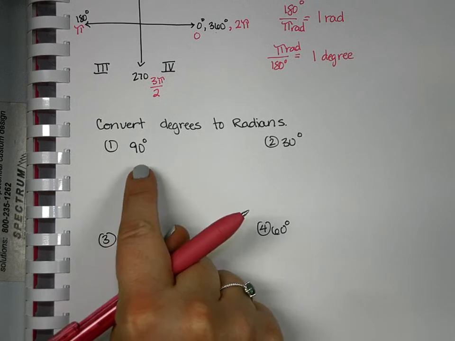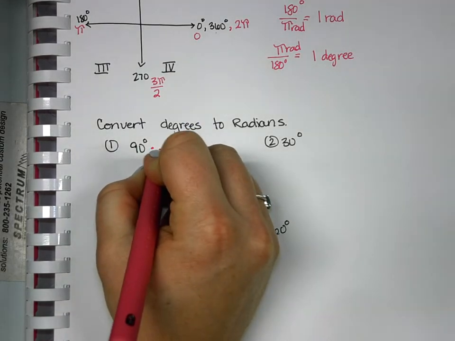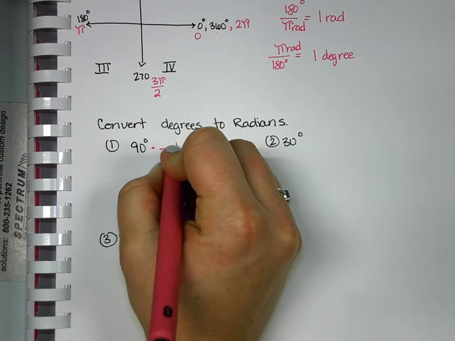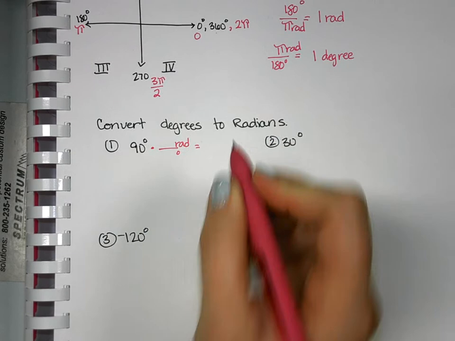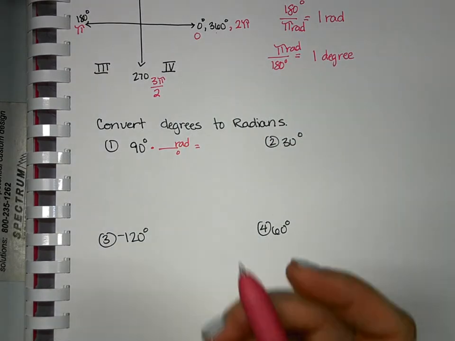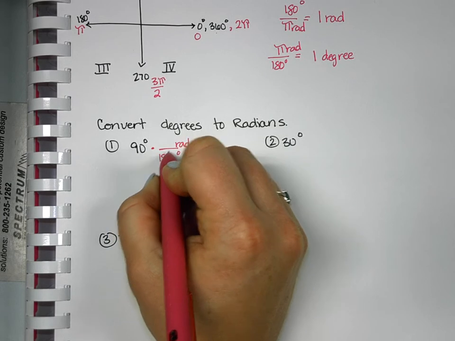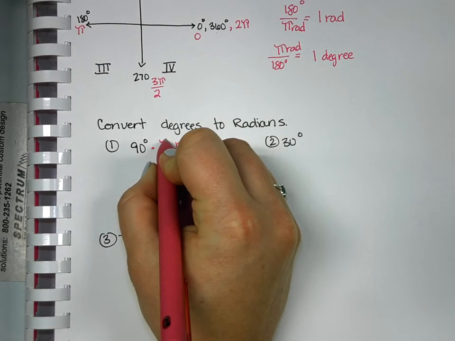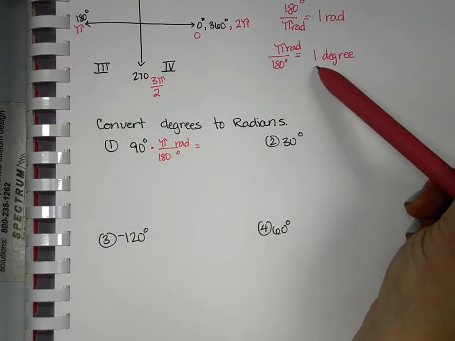Starting off, I have degrees on top. When I multiply to get radians, I need my radians on top and my degrees on the bottom, so that I can cross cancel my units. We have 180 degrees equals pi radians, so we're going to be using this conversion.